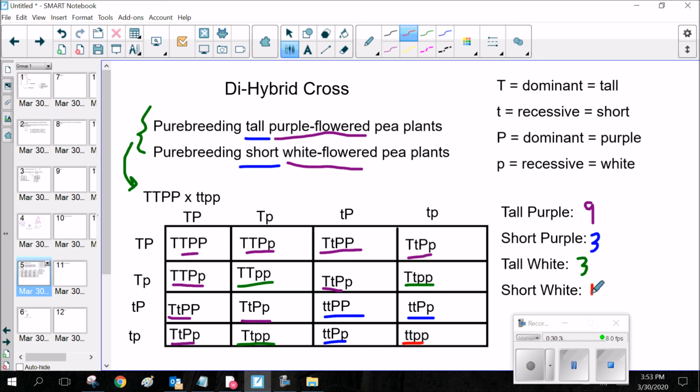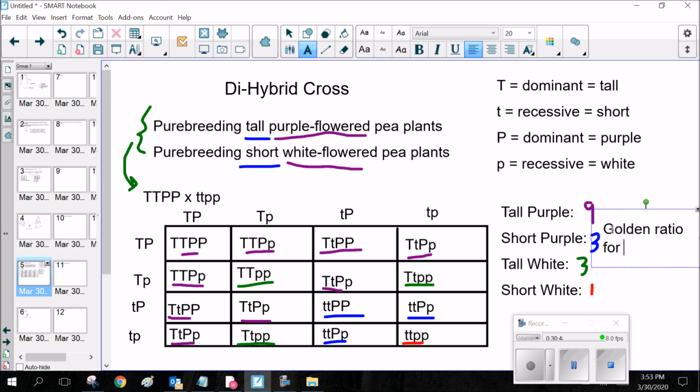just 1. So this comes out every time, Mendel found, with a 9 to 3 to 3 to 1 ratio. And this is what he called the golden ratio for dihybrid crosses. This was very exciting to Mendel because it proved that there was an underlying pattern to inheritance and showed that, yes, there was some logic as to how this stuff was being passed on.